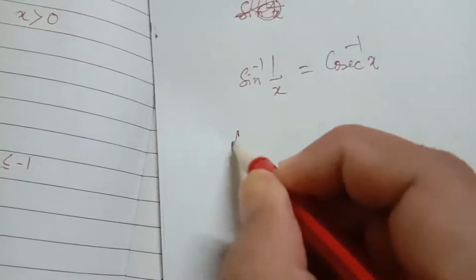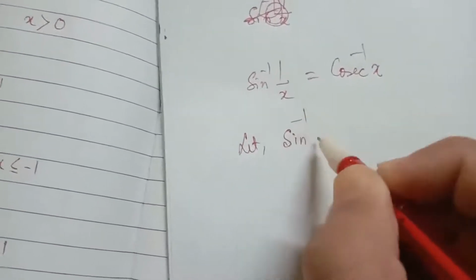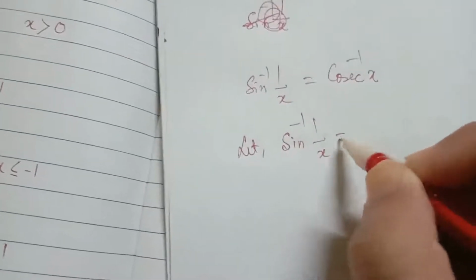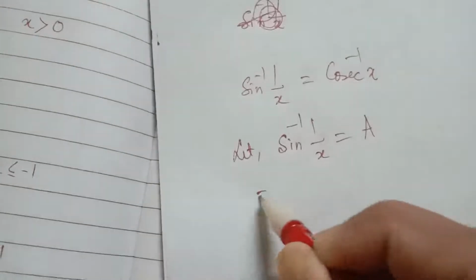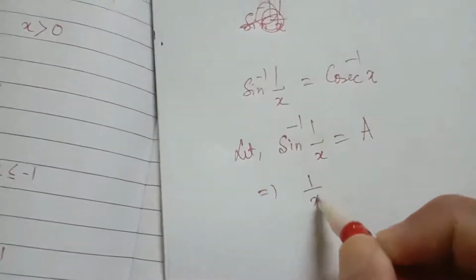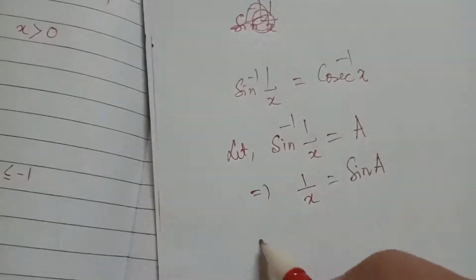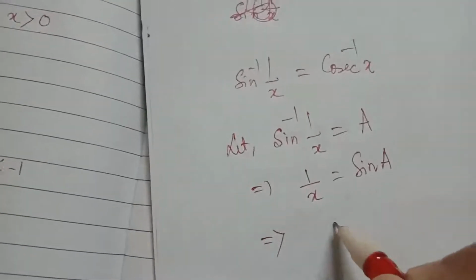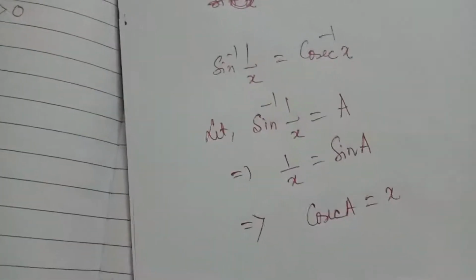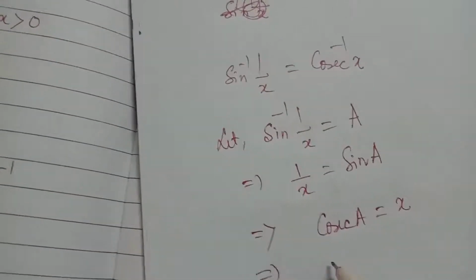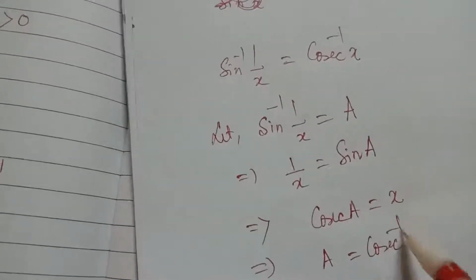How to prove? Let sine inverse of 1 by x be equal to a. Then 1 by x is equal to sine a, so cosec a equal to x, a equal to cosec inverse of x.